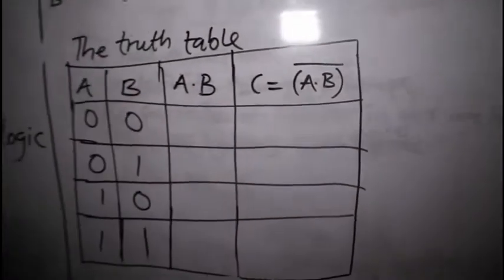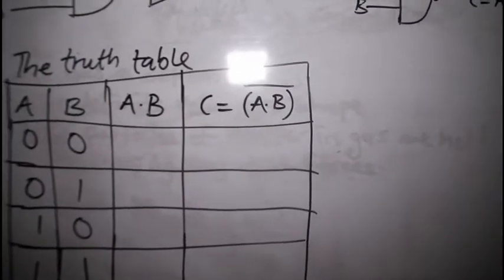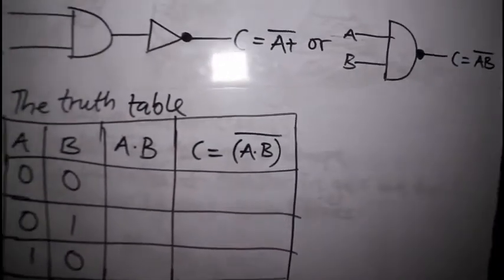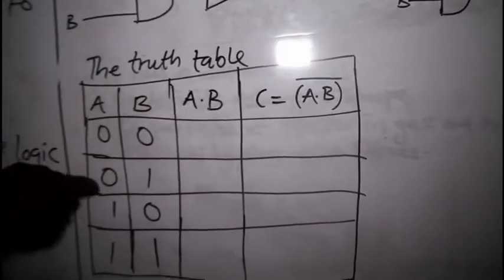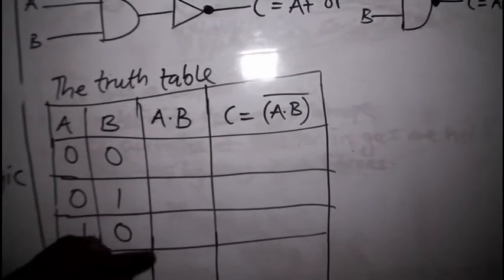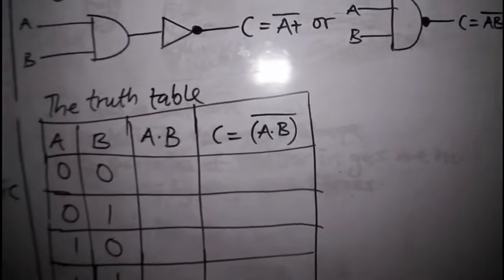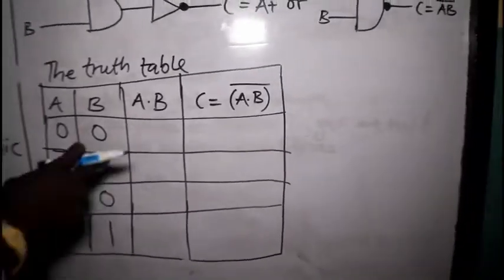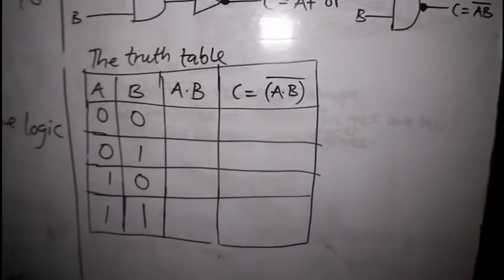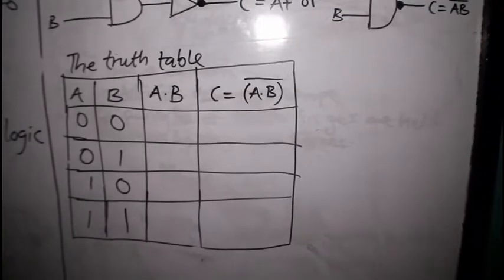Our truth table for the NAND gate will be A and B, with the possible inputs A: 0011 and B: 0101. Normally in an AND gate, we can only get an output of 1 when both inputs are 1.